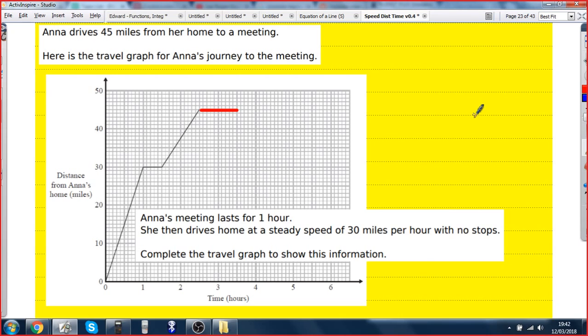And then you'd work out the time, but how would you work out the time? So what's her speed? 30 miles per hour. Do we know the distance?